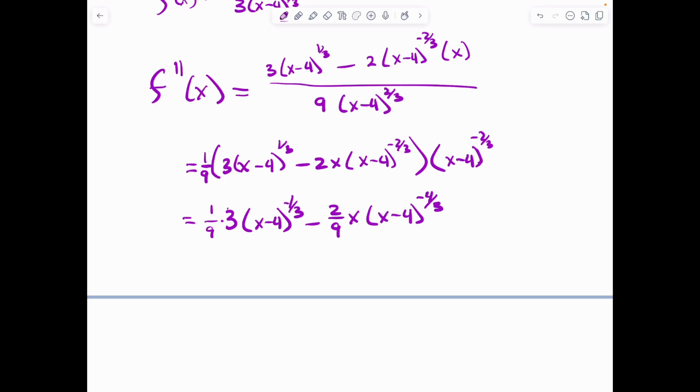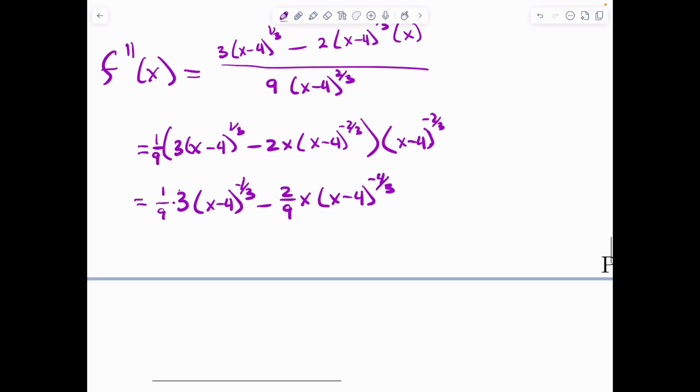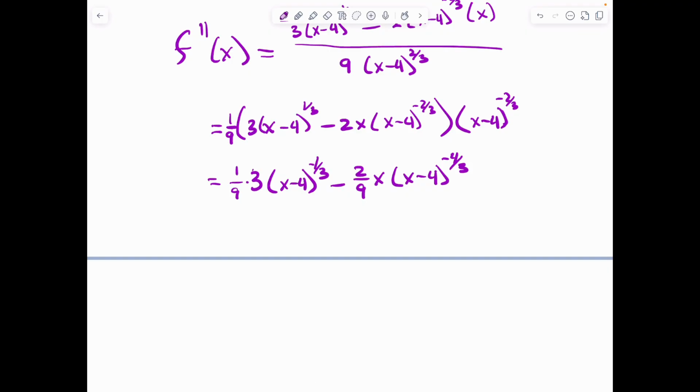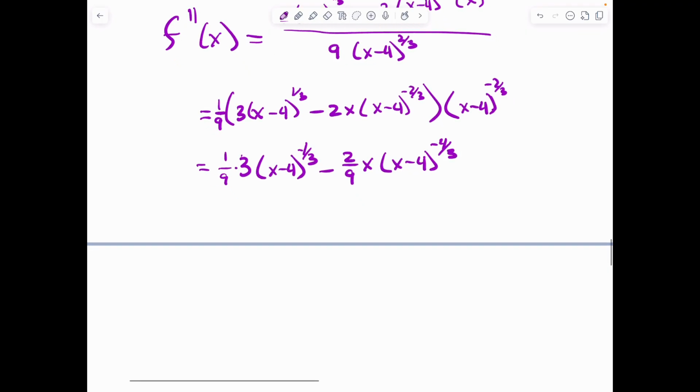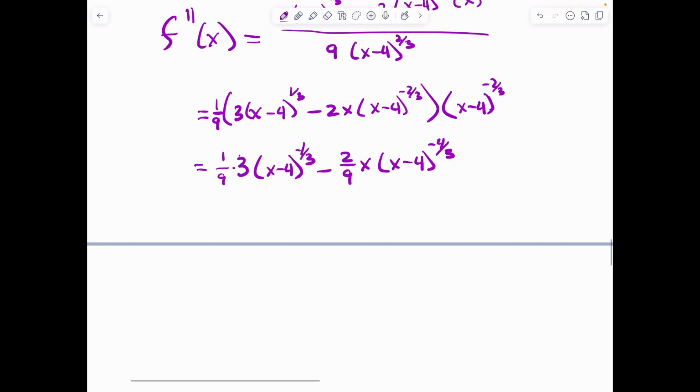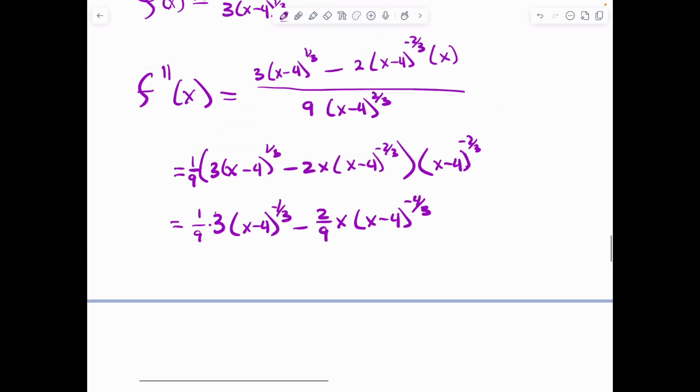Okay, so we have to do two things to this. We have to find out where this equals 0 and where this is undefined. So it's pretty obvious that x equals 4 is going to be a problem. So x equals 4 will be an undefined point, but let's actually work out what this is. I'm going to turn this into a single fraction again.